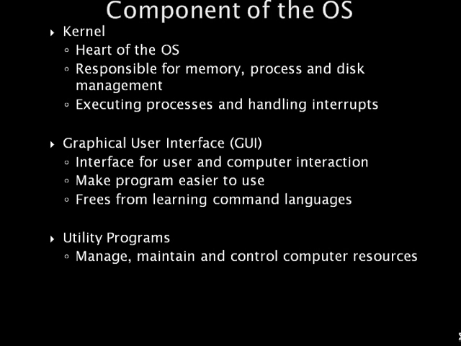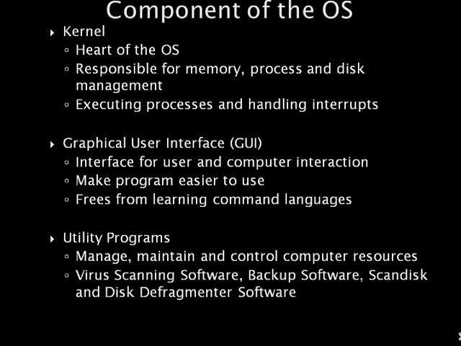Most operating systems have a module that manages communication with the network, for example, allowing connection to the internet, simple text editors, and some hard disk maintenance utilities, for instance, the defragmenter. Utility programs include virus scanning software, backup software, ScanDisk, and also disk defragmenter software.